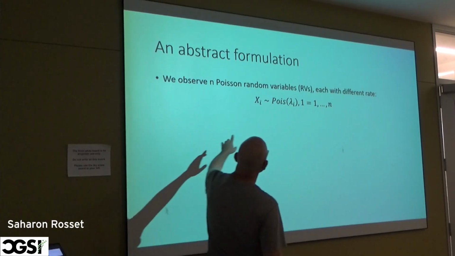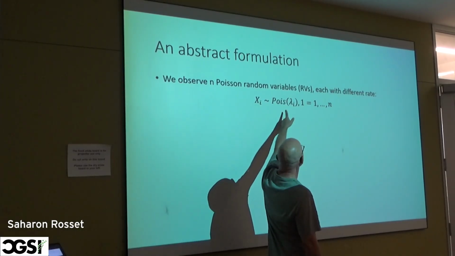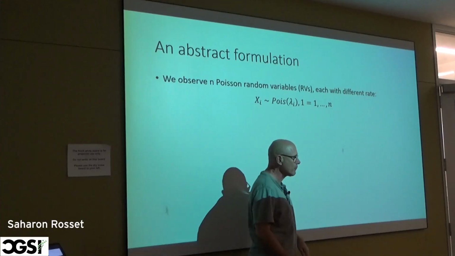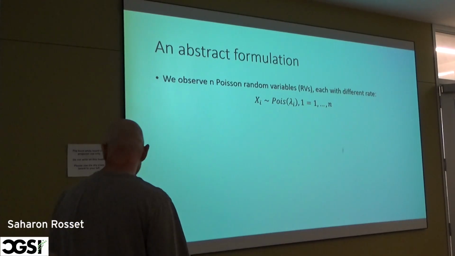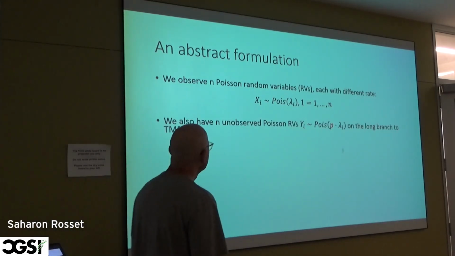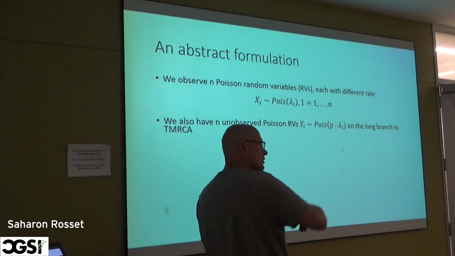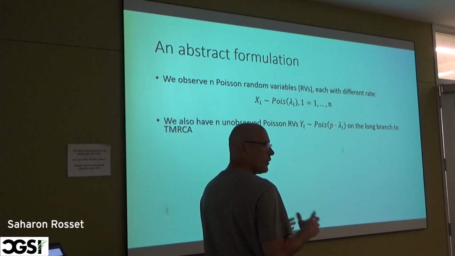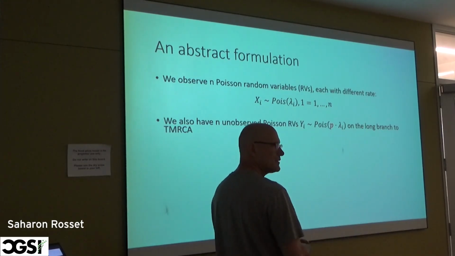So what we observe on the big tree is, in each site, the number of mutations that have occurred, and this is a Poisson random variable with some rate that is individual to each site and we don't know it. Another thing that we have is that on the long branch that we're trying to estimate, we also have the same number of Poisson random variables, one per site.